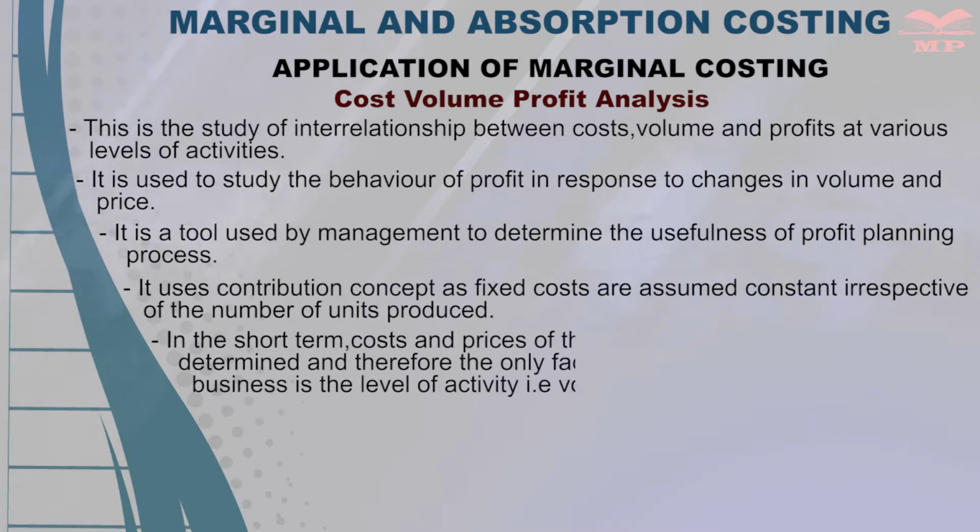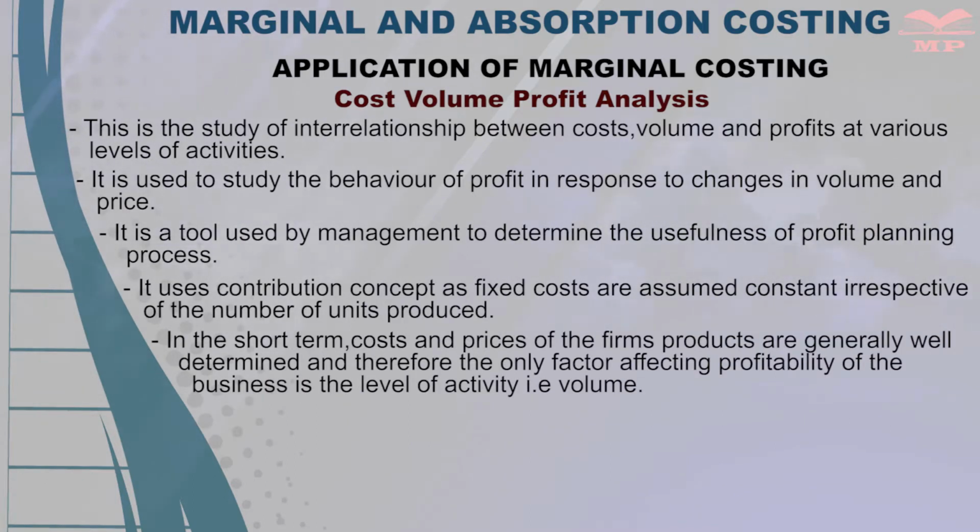In the short run, cost and prices of the firm's products are constant irrespective of the number of units produced. In the short run, cost and prices of the firm's products are generally well determined, and therefore the only factor affecting profitability of the product of the business is the level of activity, that is the volume.